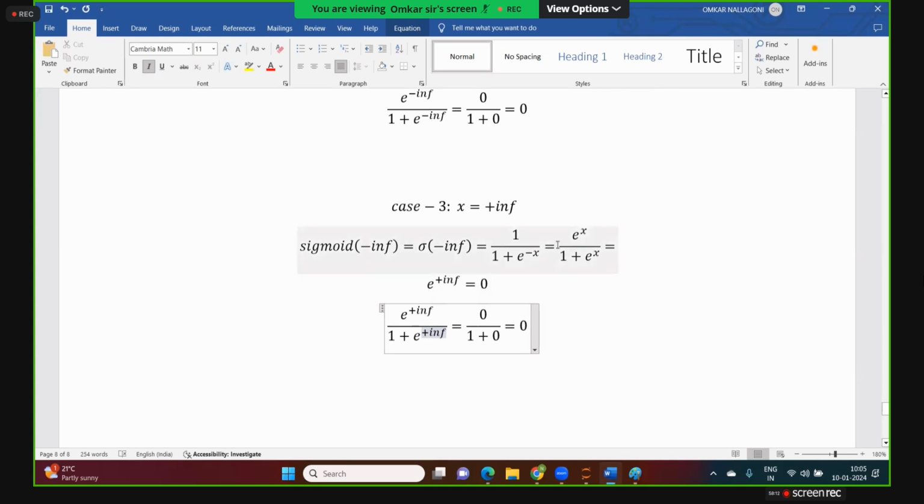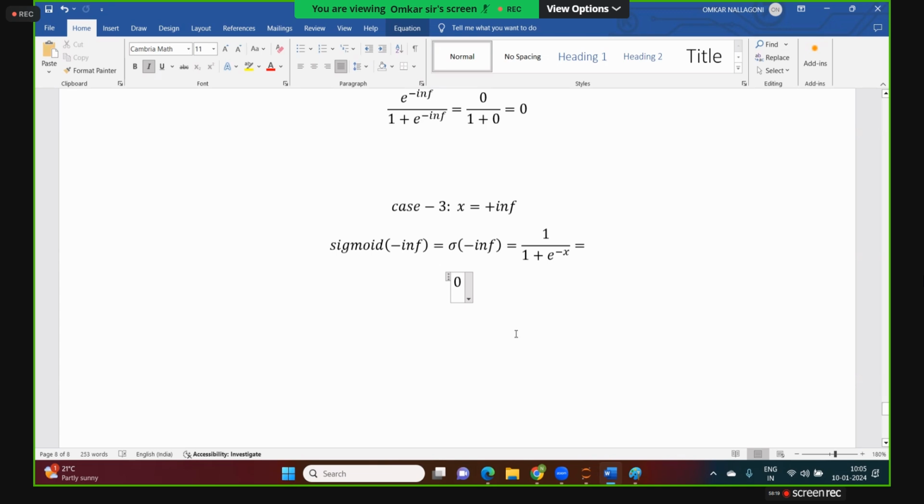So for e power minus infinity, this calculation is generally not required, and directly this calculation will be enough. Let me complete this.